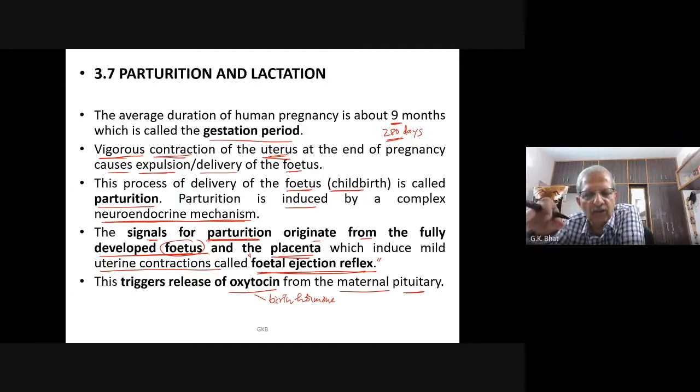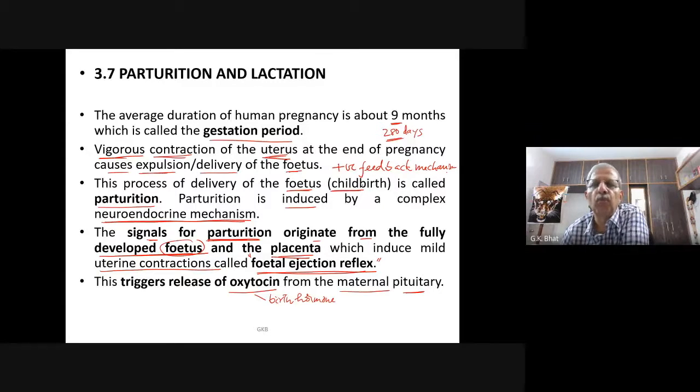So always you must know that this childbirth or parturition is an example for positive feedback mechanism. Just remember that. Whenever there is more and more pressing of the cervical region, more and more oxytocin gets released from the pituitary.